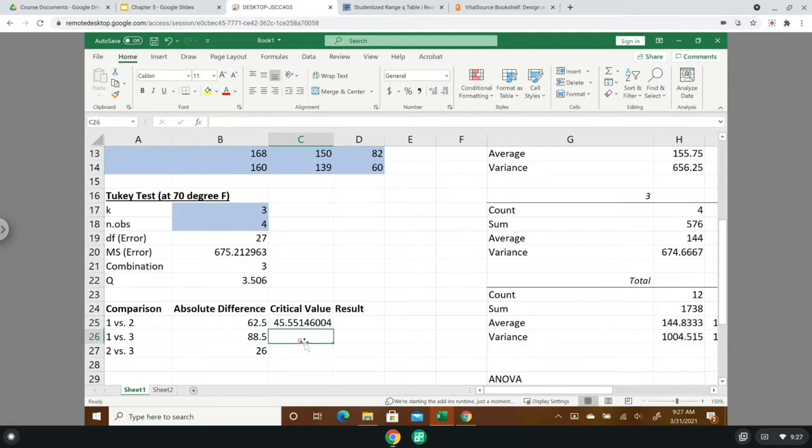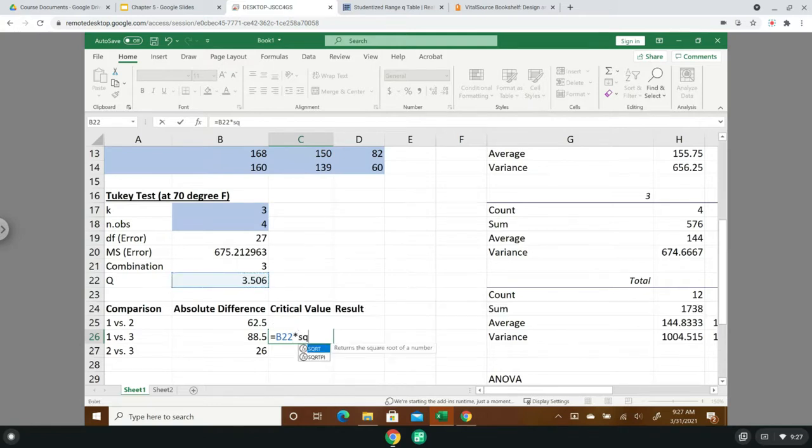And that critical value is the same for the other two comparisons also, equal to Q value times square root of mean square error divided by number of observations.